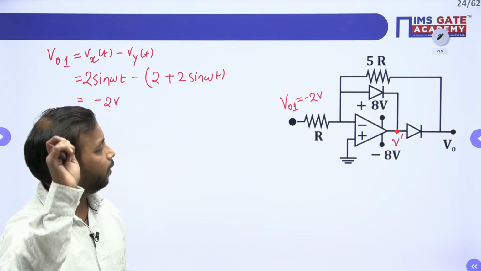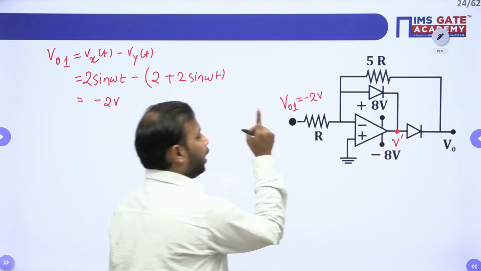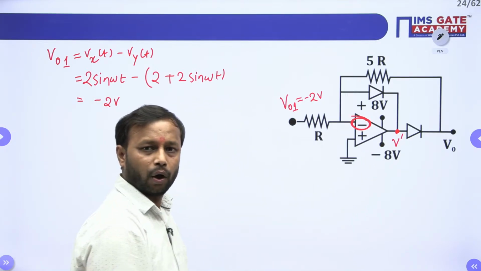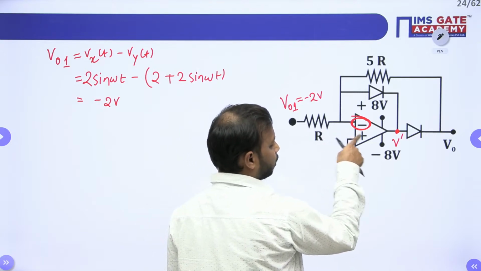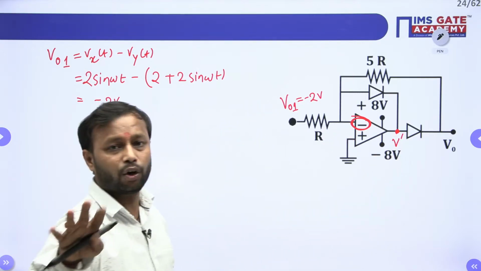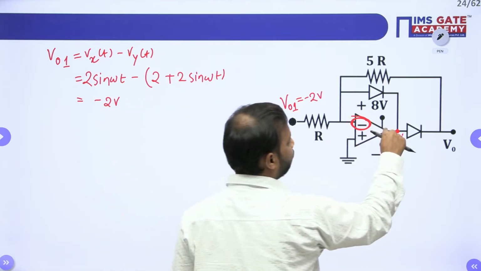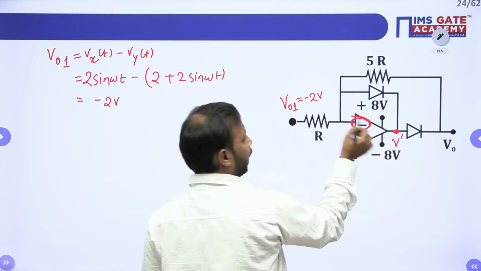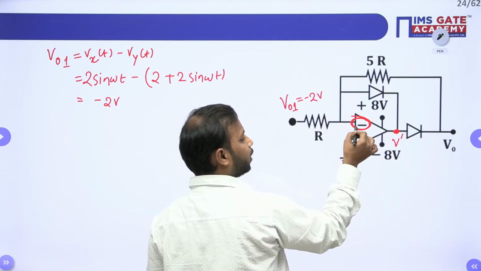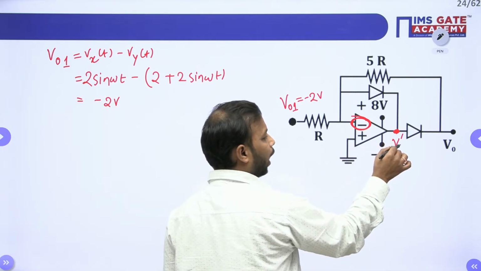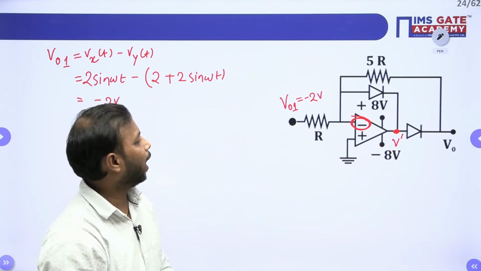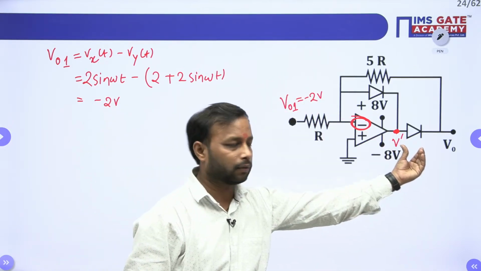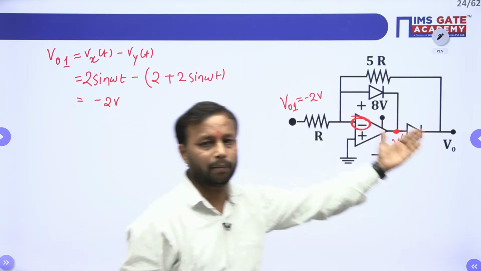Now look at the figure very carefully. The input is acting at the inverting terminal. So for the inverting terminal, the output V dash, not V0, output of this op amp is what? If the input is at the inverting terminal, then the output will have the opposite sign to that of your input. If the input is positive, the output will be negative. If the input is negative, the output will be positive.